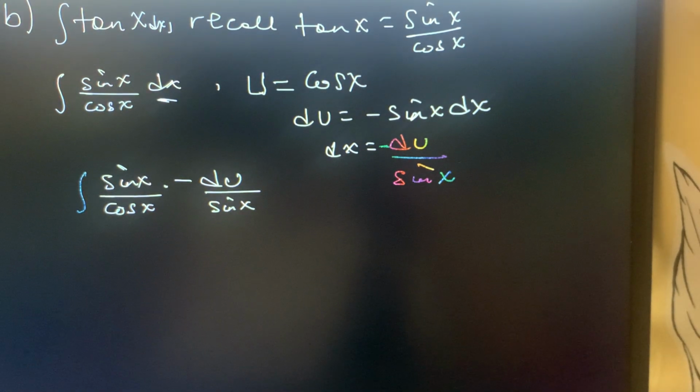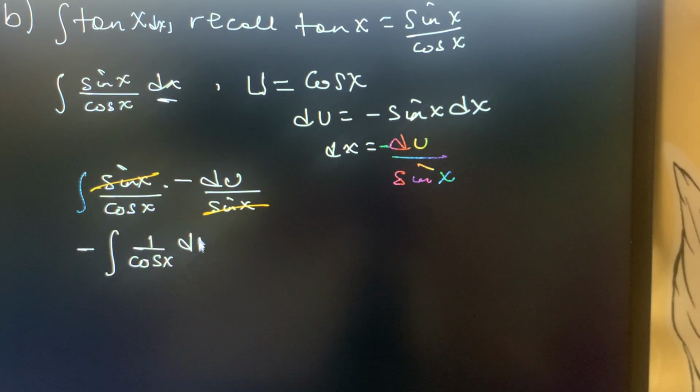After I substitute this, I can see that two things can be cancelled: the sine x from this, I can cancel sine x from this. I see the negative sign inside the integrand, so I can have that outside: minus the integral of 1 over cos x du.